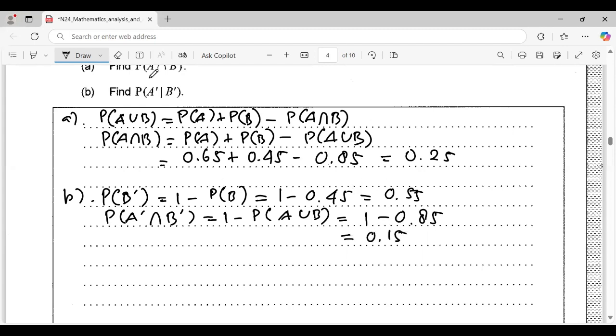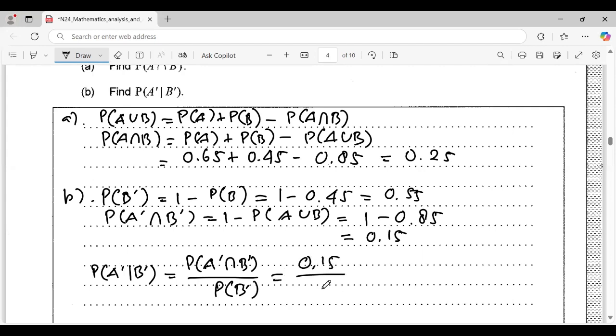Now let's define this. The conditional probability of A complement given B complement equals the probability of A complement intersection B complement over the probability of B complement. That is 0.15 over 0.55.